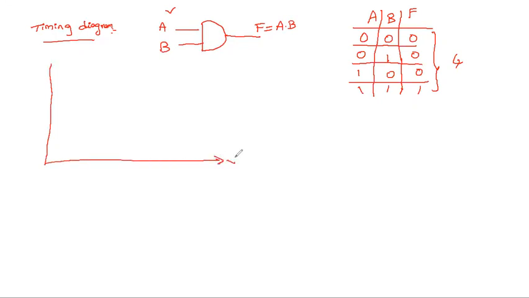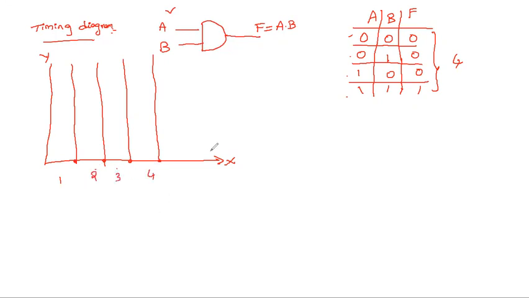Suppose this is the x-axis, this is the y-axis. The x-axis I am dividing into 4 parts: first part, second part, third part, fourth part. I am taking each as one unit.